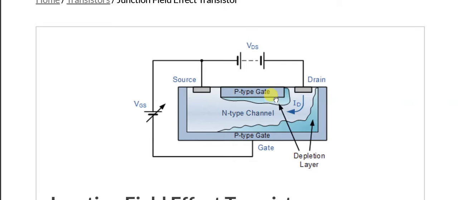Similarly, this junction will also expand, which is called the field effect. The reverse biasing of these two P type junctions will make the channel narrower. Narrow means a smaller cross-sectional area is available for the flow of charge when a voltage is applied across the source and the drain.